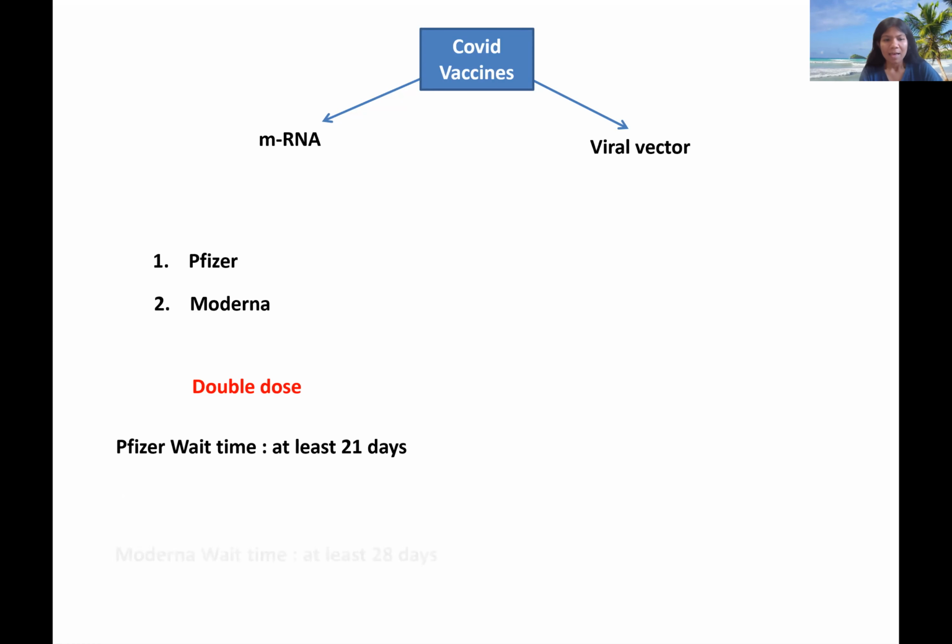The Moderna wait time is at least 28 days, a little bit more than Pfizer, but anyway, you can take the Pfizer second shot even after 28 days. This is the minimum wait time, and you can take the vaccine anytime after that.